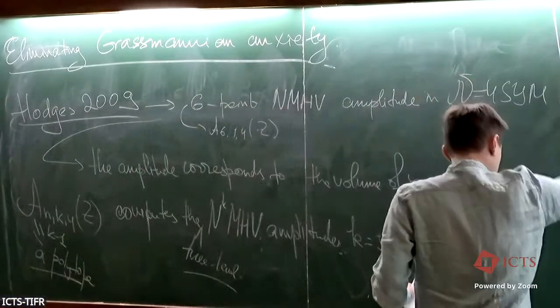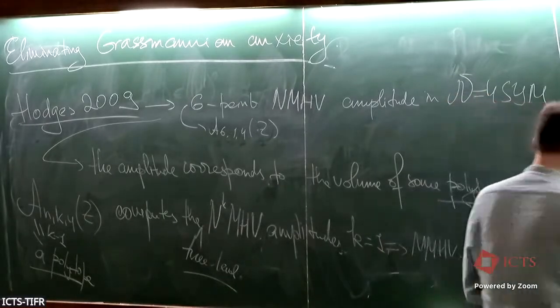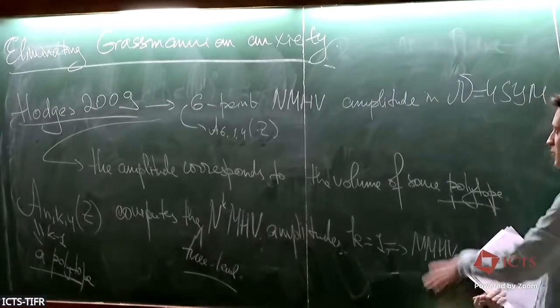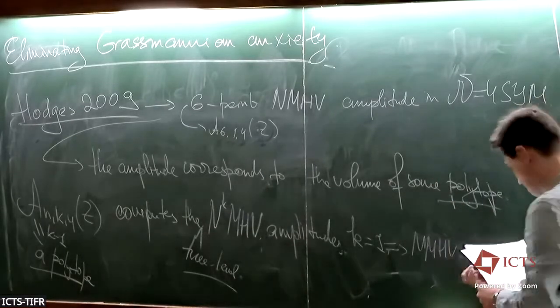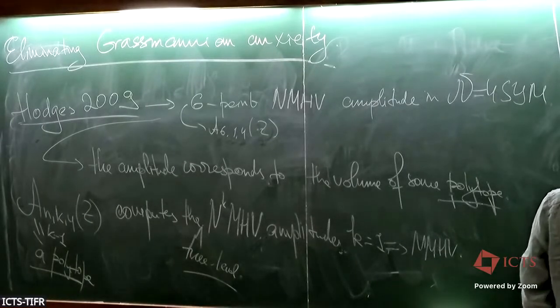Now let us try to see why the Grassmannian is a reasonable geometric set to look at, if you know already that some of your amplitudes come from polytopes. Well, there are several ways to look at polytopes.